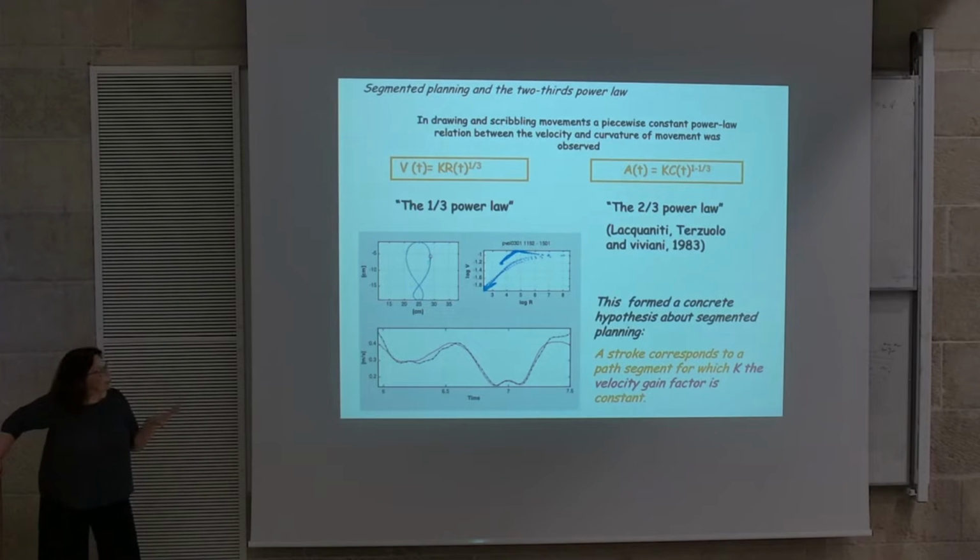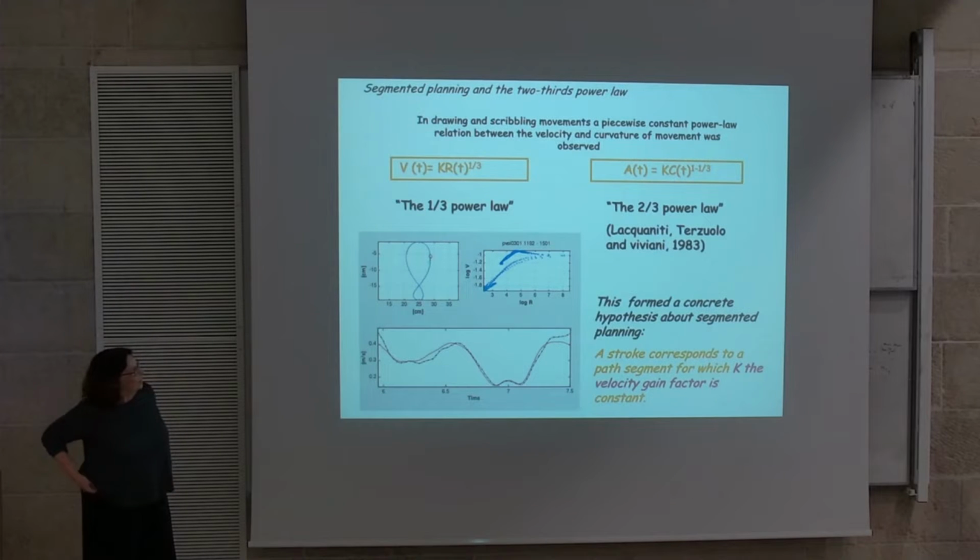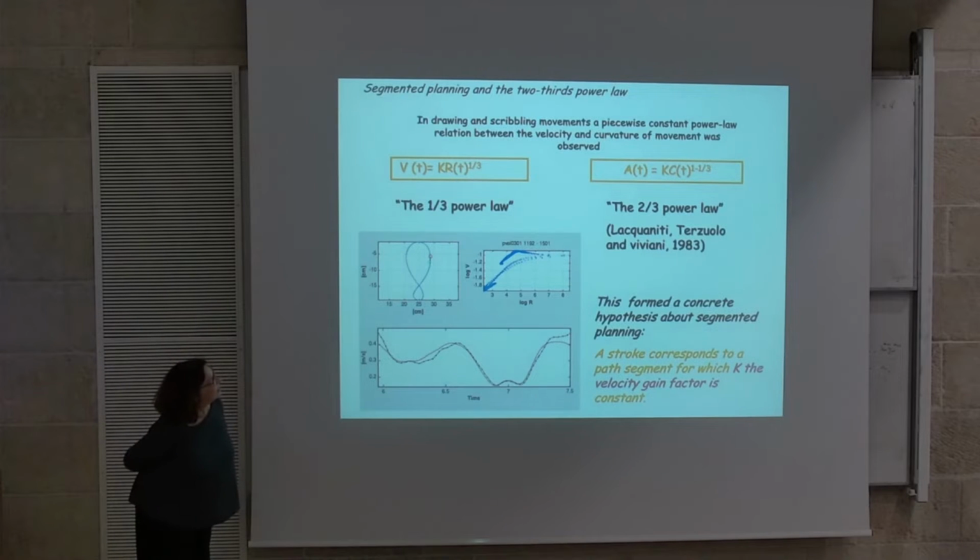Now there's another group of models developed by Lacquaniti, Terzuolo, and Viviani in Italy, and they looked at how the velocity changes again with the curvature. So velocity is proportional to the radius of curvature to the power 1/3, or if you look at angular velocity, it is proportional to the curvature to the power 2/3, and k is some constant, a piecewise constant gain factor.